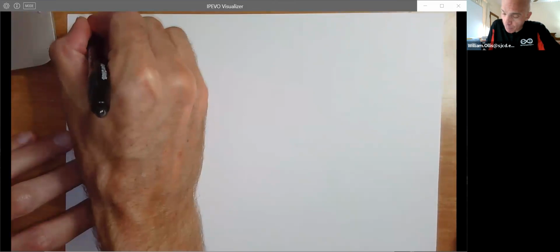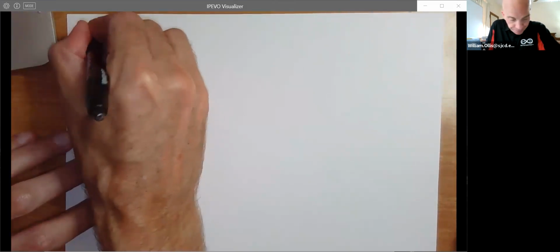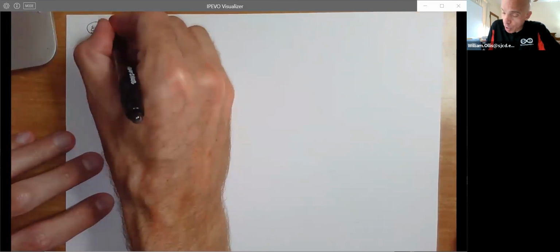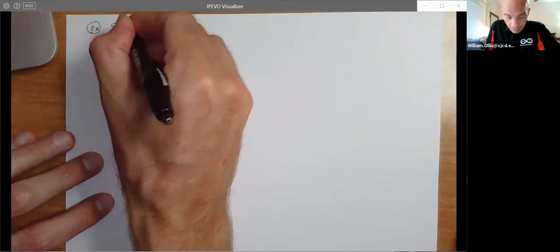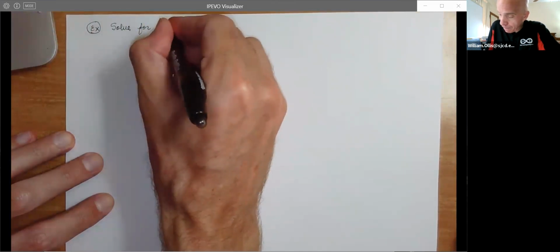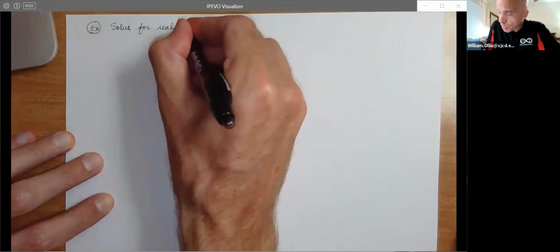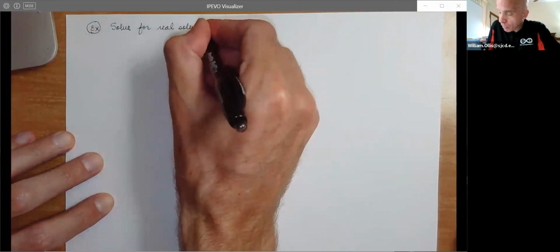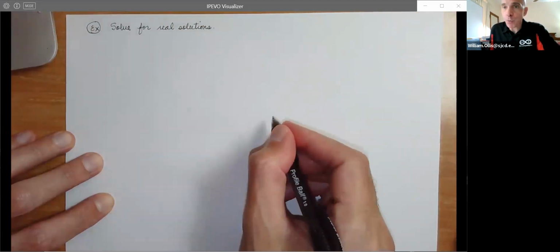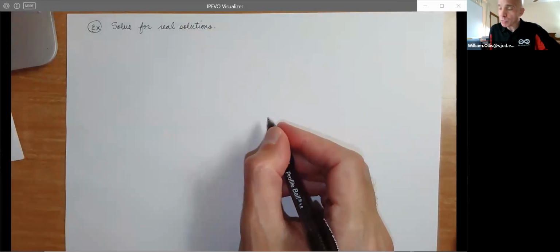So here's an example. What the problem says is to solve for real solutions. Now, as we work into the course, we will say more about imaginary solutions in the theory of equations, but for right now, we're just focusing on real solutions.